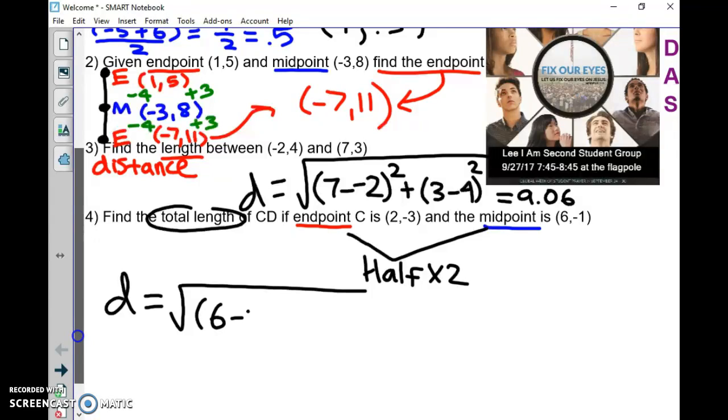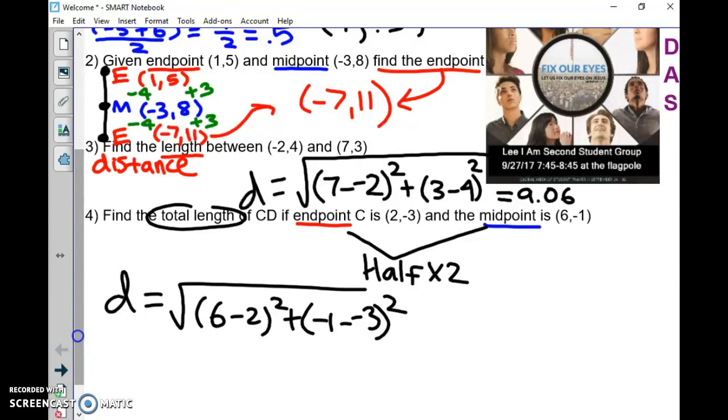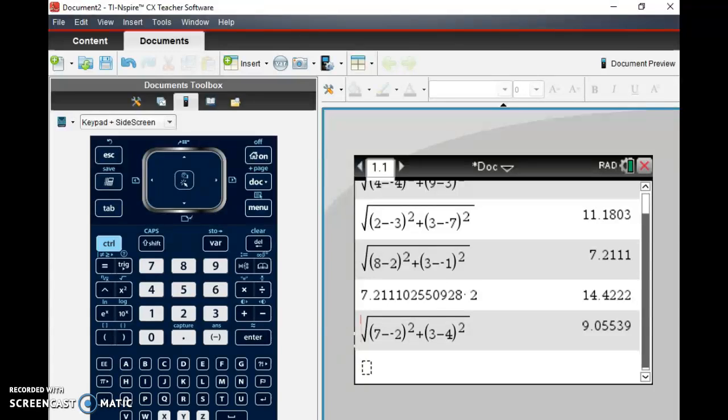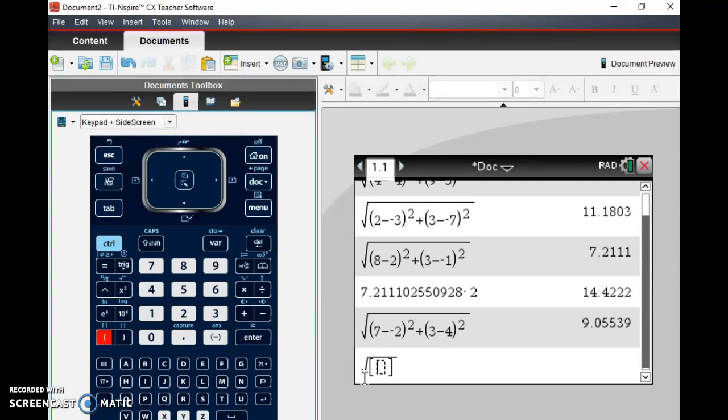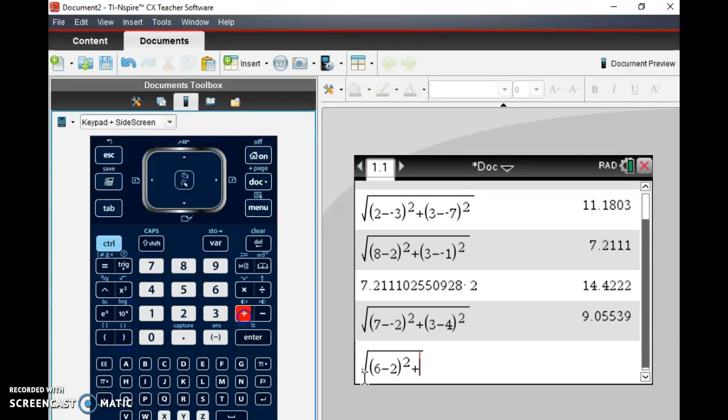So 6 minus 2 parentheses squared plus negative 1 minus negative 3 parentheses squared. Okay, so if I take that to the calculator and type it in. Control, there we go, parentheses, 6 minus 2 parentheses squared plus parentheses negative 1 minus negative 3 parentheses squared.